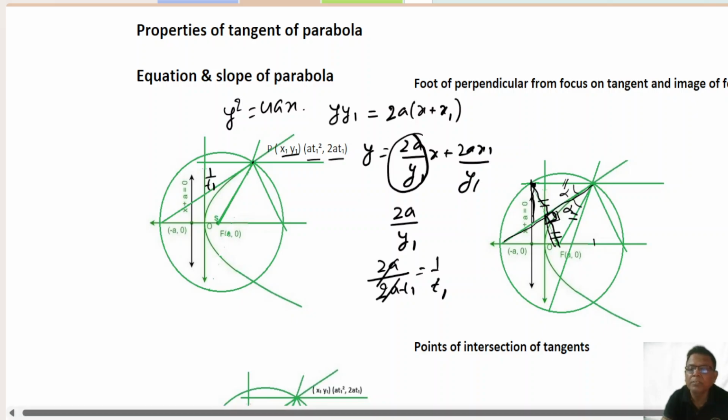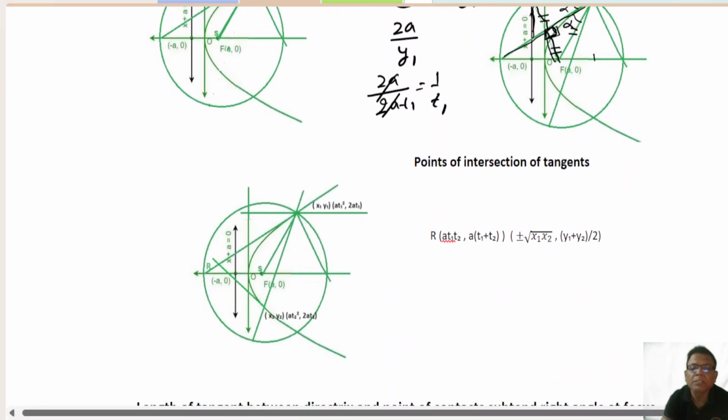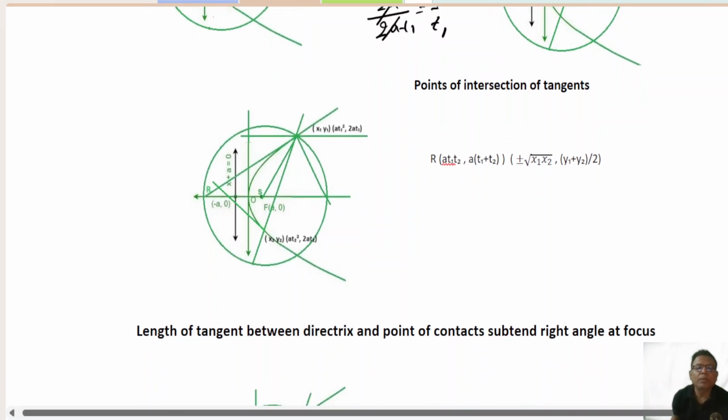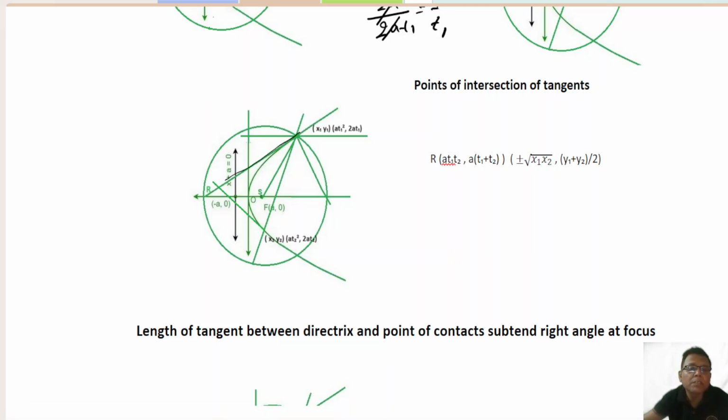Now come to the next, that is the point of intersection of the tangents. Suppose one tangent is here and this is a chord. It may not be a focal chord; if it were a focal chord, then definitely it would cut the directrix.